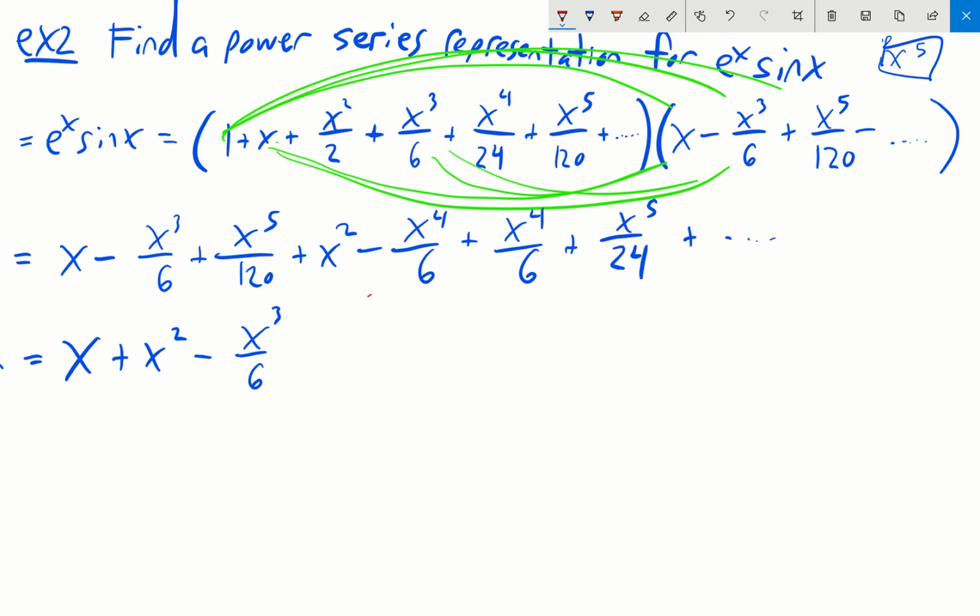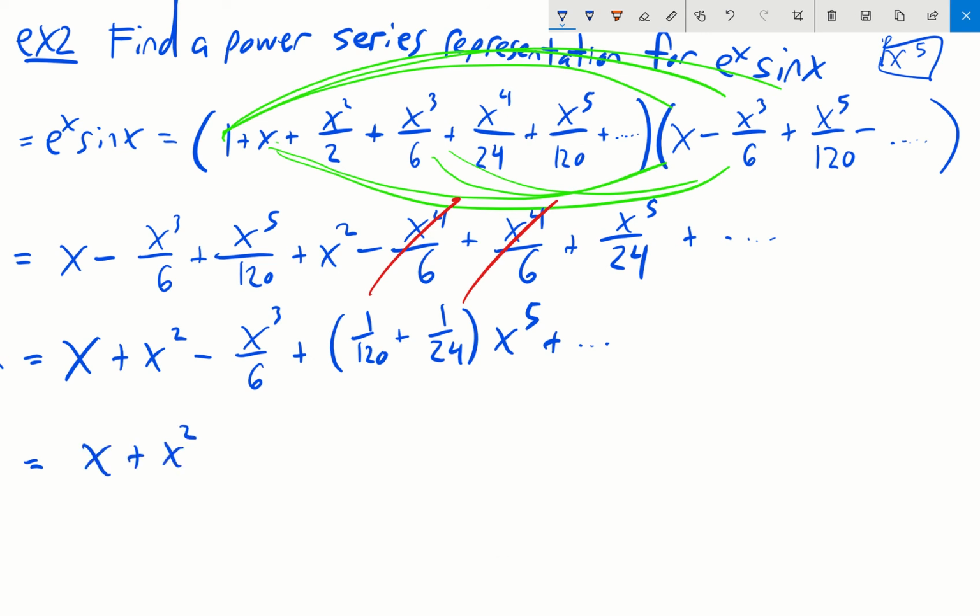We have a negative x to the 4th over 6 and a positive x to the 4th over 6. So those cancel. And then we have some like coefficients we can combine here. We have a 1 over 120 plus a 1 over 24 x to the 5th. And so this is going to end up being equal to, we have x plus x squared.